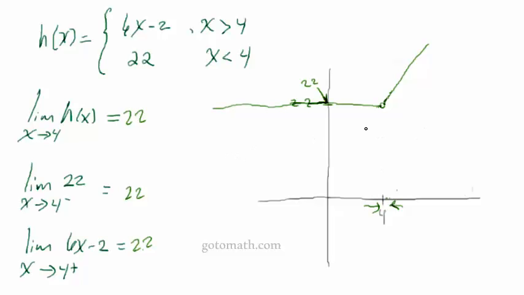Now here's a question, is this continuous? It's not continuous at 4, and the reason for that is because f of 4 does not exist, because it's not in this domain and it's not in this domain. So if we were running our pencil across the paper, we'd have to pick it up to get to the other side.